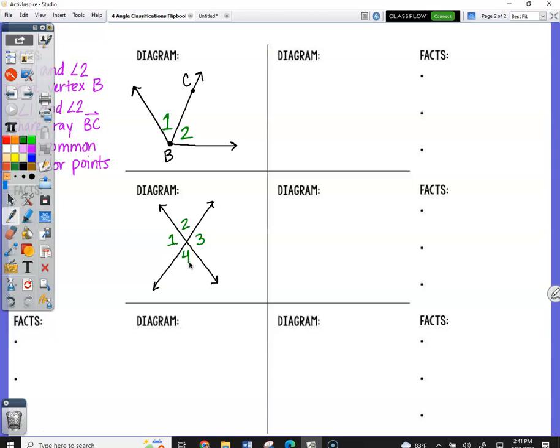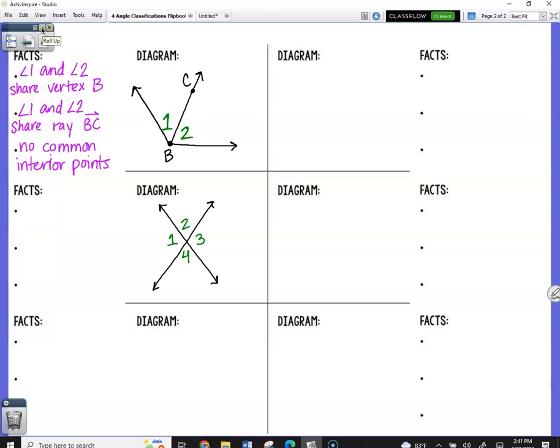Okay, here are the facts. Come back over here to your pencil. What are vertical angles? They are non-adjacent, meaning not adjacent, angles formed by two intersecting lines.